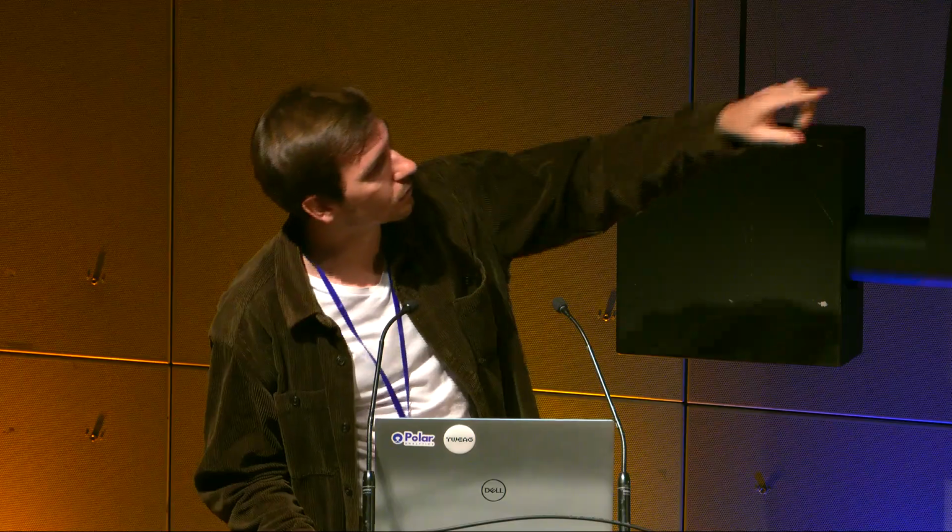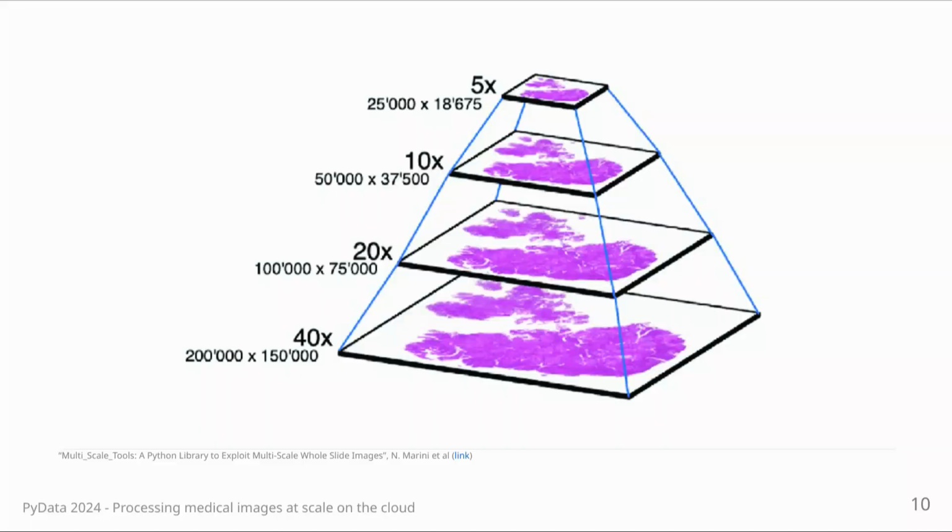And we usually store a pyramid of images then. So the 40 times zoomed in would be, for this example, 200,000 pixels by 150,000, right? That's a lot of pixels. And then you would downsample it by a factor of 2, so you would have zoom times 20, right? And this is maybe more manageable for some other systems.